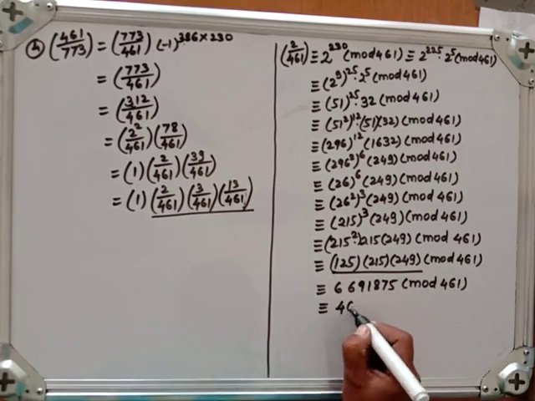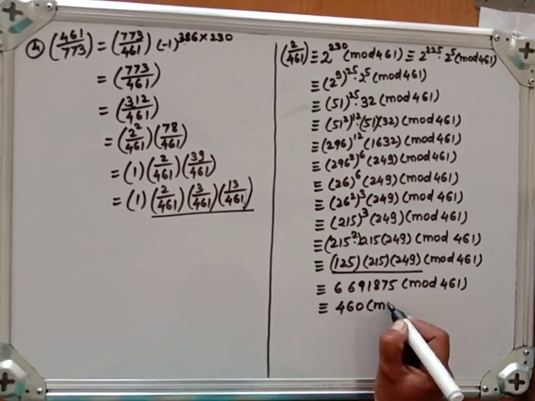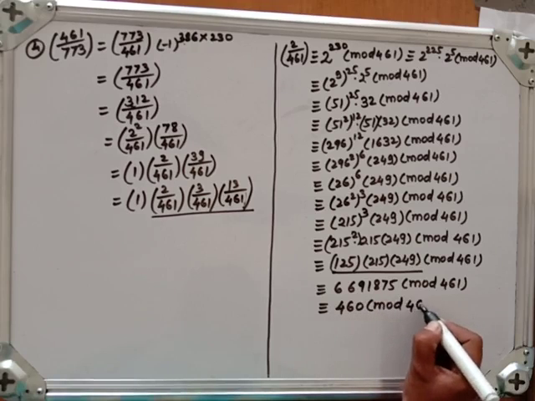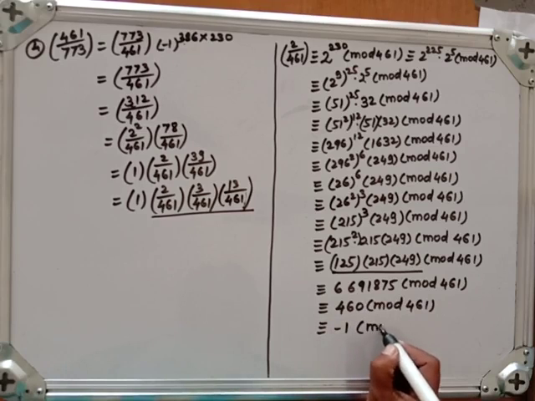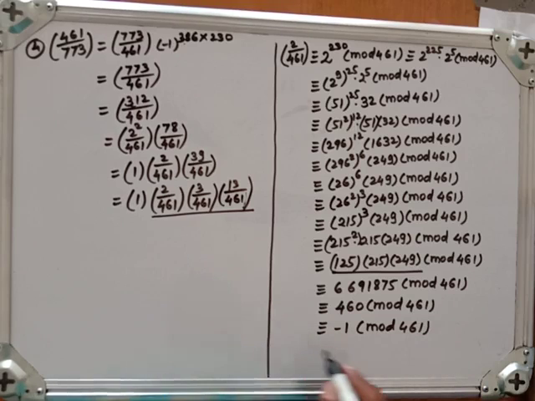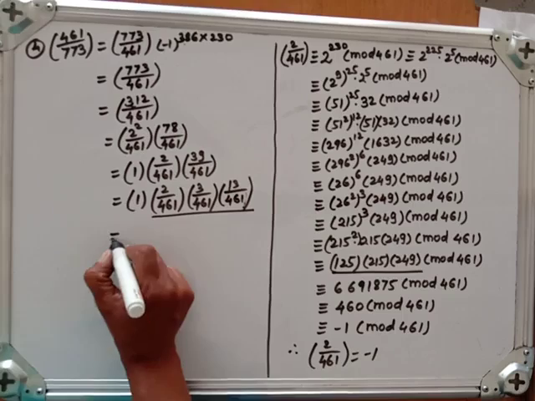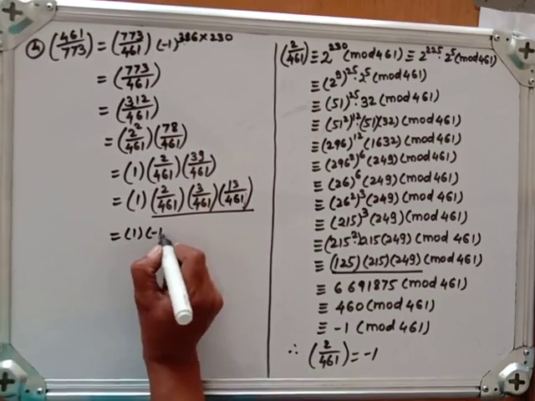This is 460 modulo 461, and 460 is nothing but minus 1 modulo 461. So therefore the value of the Legendre symbol of 2 by 461 is how much? Minus 1. So this is 1 into minus 1.